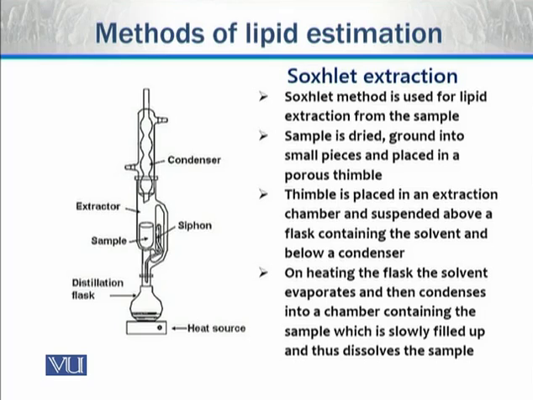On heating the flask, the solvent evaporates, and when it evaporates, it condenses back in the condenser, and it falls on the sample. In the sample there may be lipid which gets dissolved in the solvent, and when it gets dissolved in the solvent, it can be further measured.